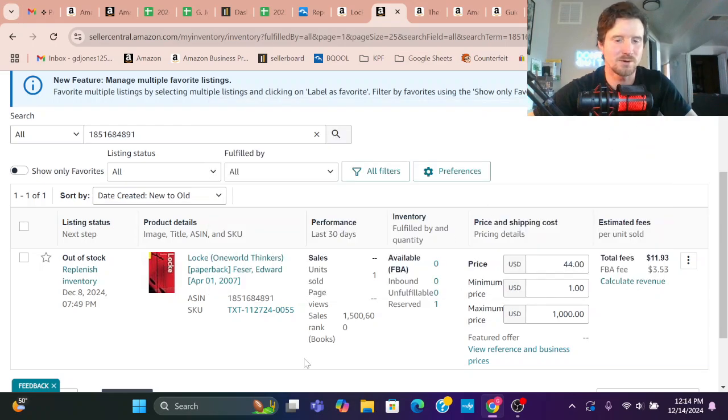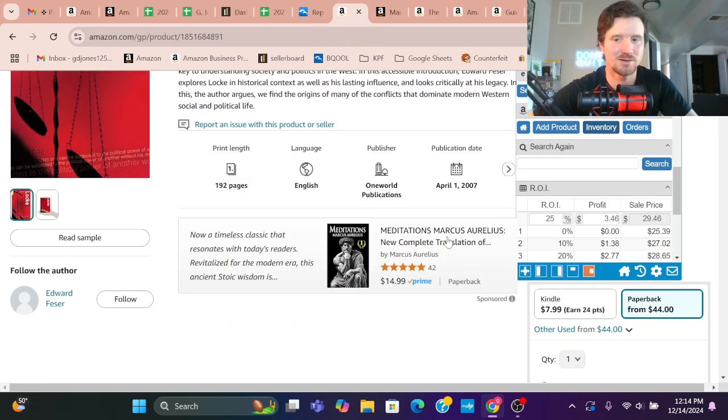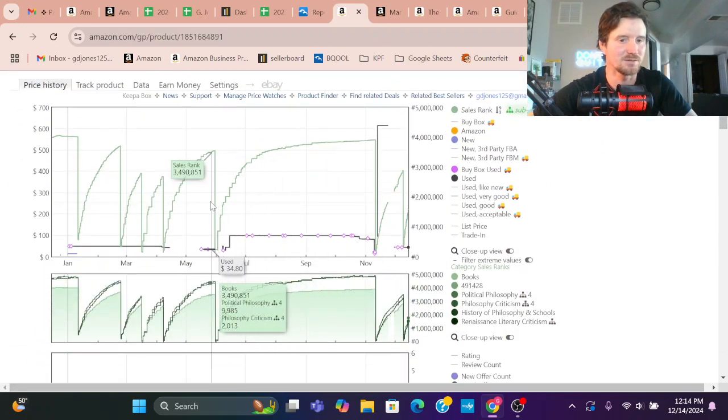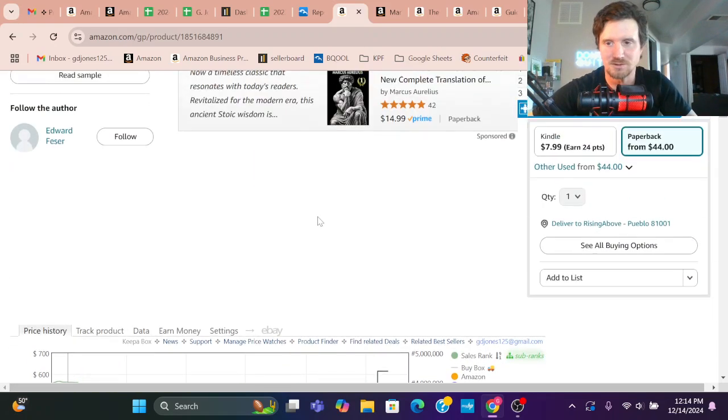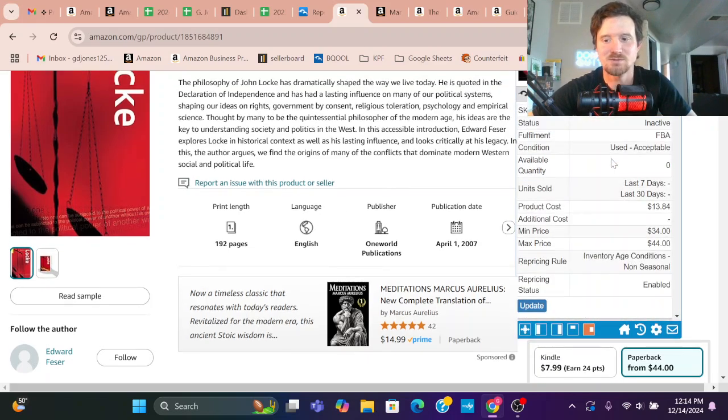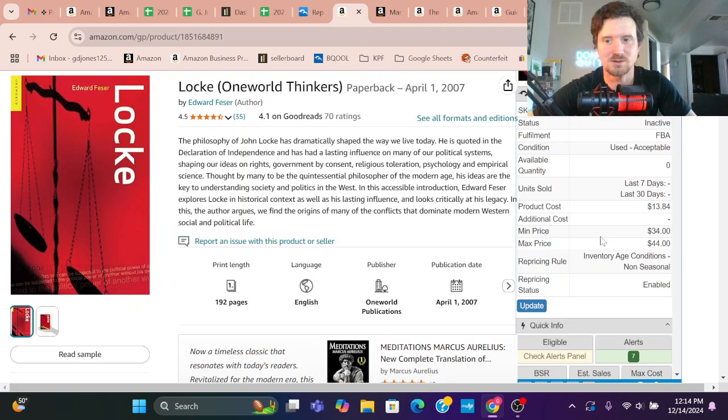It could be shipping around still. This was a shipment that my prep center sent in on the 27th of November, so it could still be being shipped around. That's why it's not active right now. So there's always that issue, especially around this time of year, literally 11 days before Christmas, and the shipping is just haywire right now.